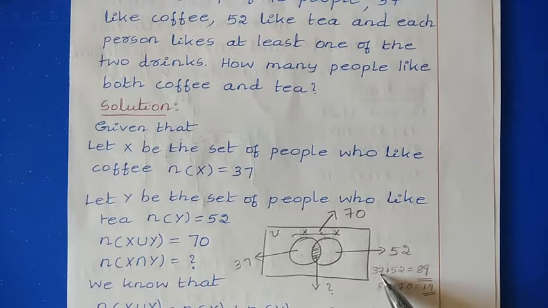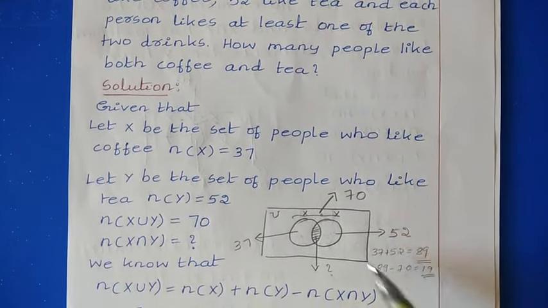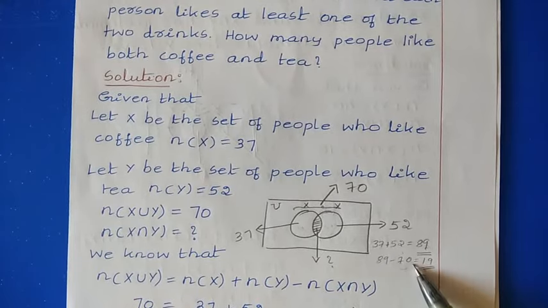If we add 37 plus 52, the elements in this particular area are counted twice. It is counted in the X part as well as in the Y area. So that's why we will deduct the total number of elements, 70. So 89 minus 70 is equal to 19. So this way also you can find the answer.